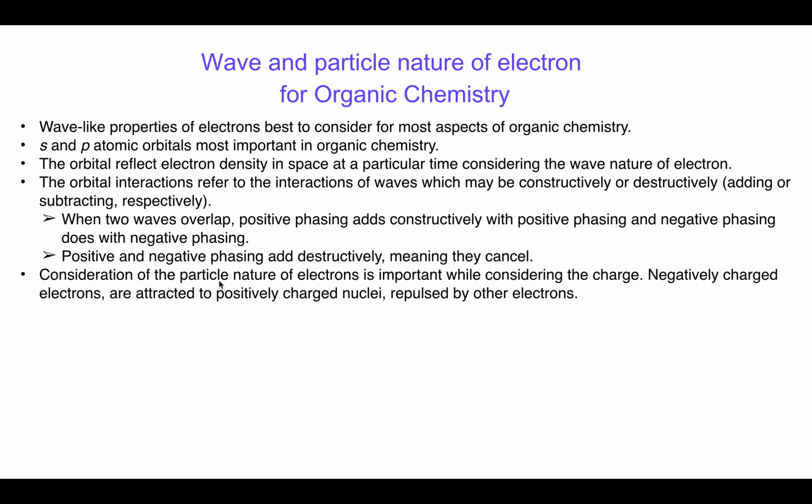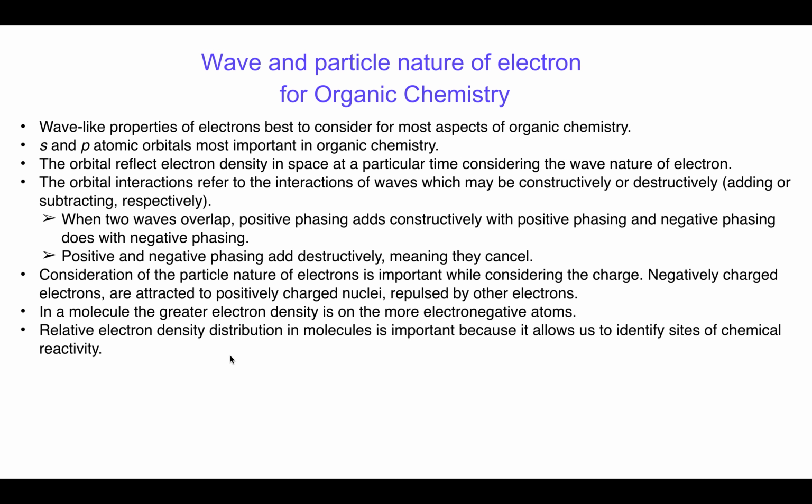So while discussing that, we will sometimes be considering the particle nature of electron. Negatively charged electrons are attracted to positively charged nuclei, and among themselves they repel each other. In a molecule, the greater electron density will be shown on the more electronegative atoms like oxygen, fluorine, some other halogens, and similarly nitrogen.